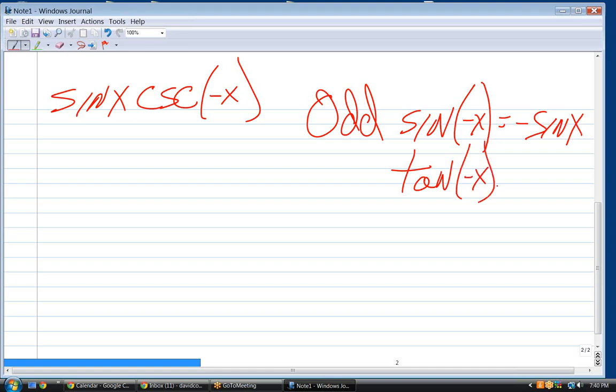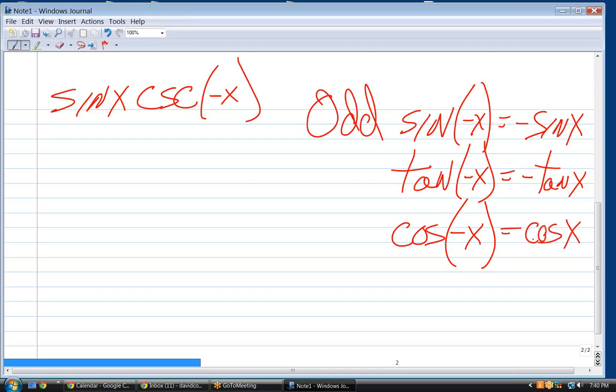Tangent of negative x, same thing. It's equal to negative tangent x because they're both odd. What is even is cosine. If I take the cosine of minus x, I get cosine x. So cosine is even.